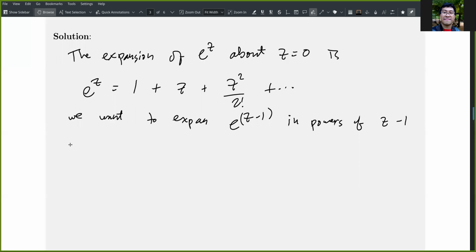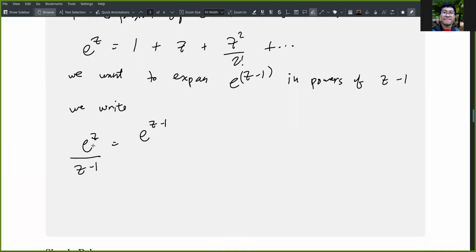To do this, we write our e^z as something with e^(z minus 1). To retain this e^z here, we should multiply it by e divided by z minus 1.